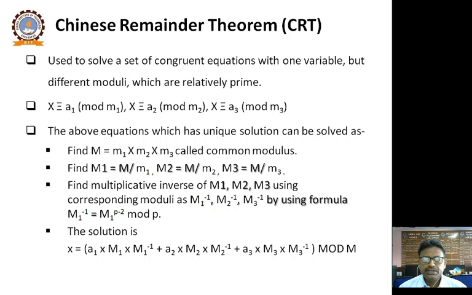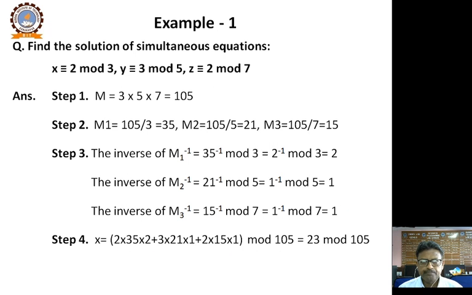This Chinese remainder theorem can be better understood by a simple example. Suppose the simultaneous equations given are x is equal to 2 mod 3, y is equal to 3 mod 5, z is equal to 2 mod 7. Of course, the variable is the same, so you can consider it as x in all three. In the first equation the modulus value is 3, in the second it is 5, and in the third it is 7.